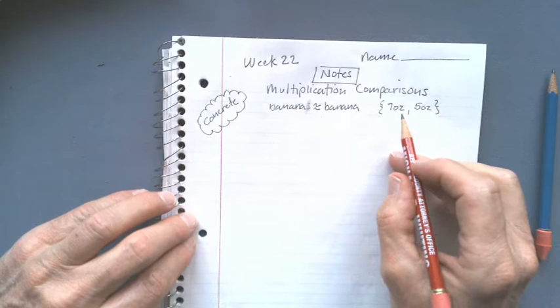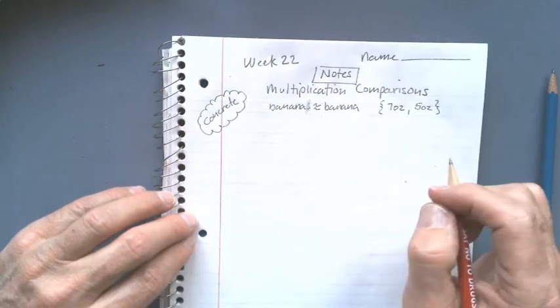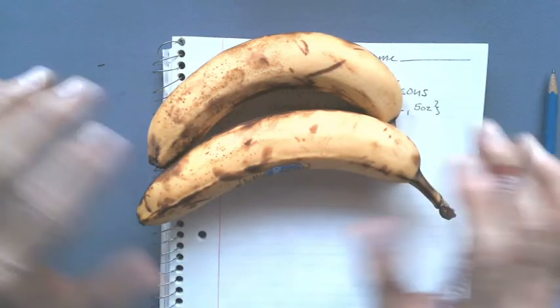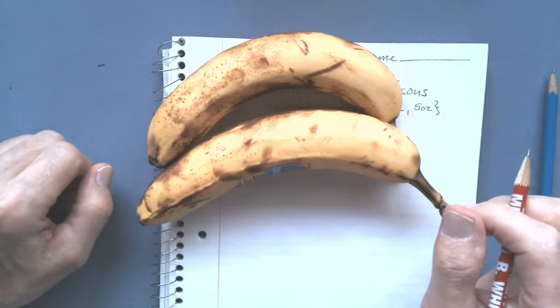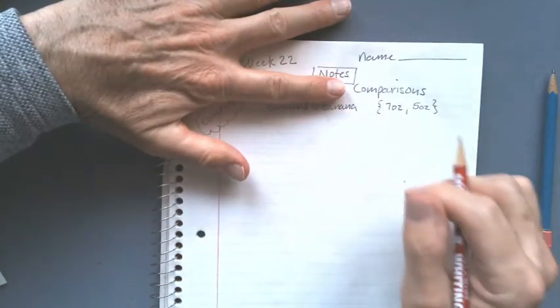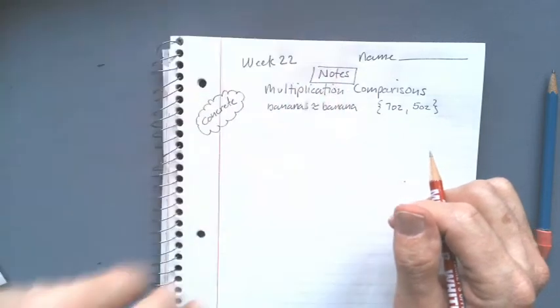And we can come up with two different numbers to compare these bananas. That would be a way of explaining something that's identical mathematically, to kind of separate the two. That's a comparison.